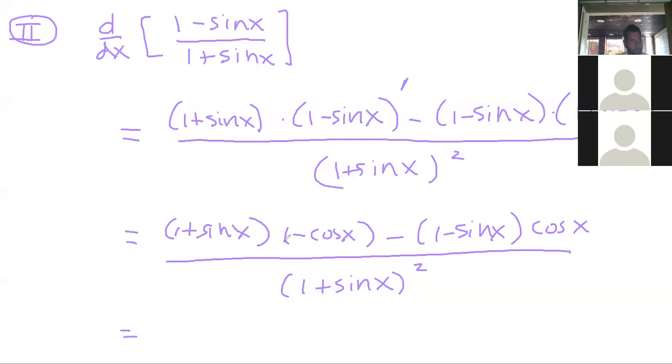So this becomes, if I distribute the cosine here, I'm left with negative cosine x minus sine x cosine x. And then this becomes minus the cosine x plus sine x cosine x, because I have this minus sign floating around.